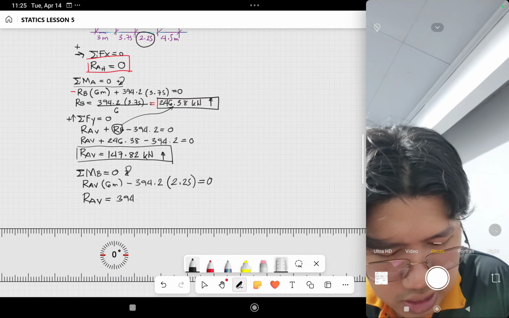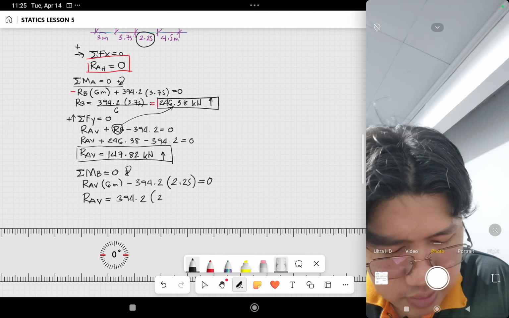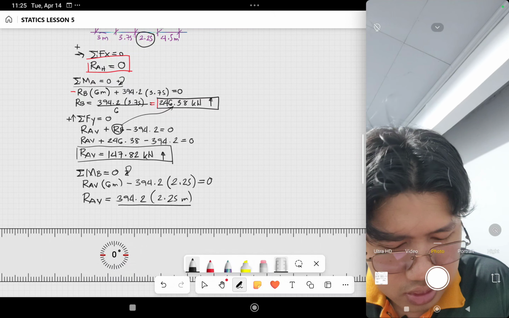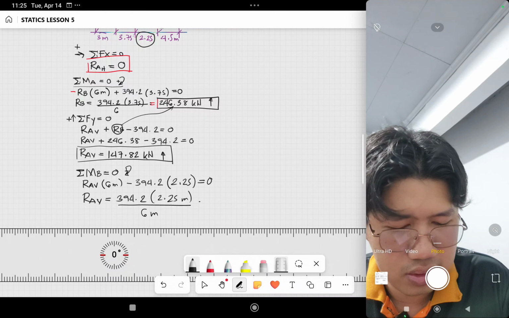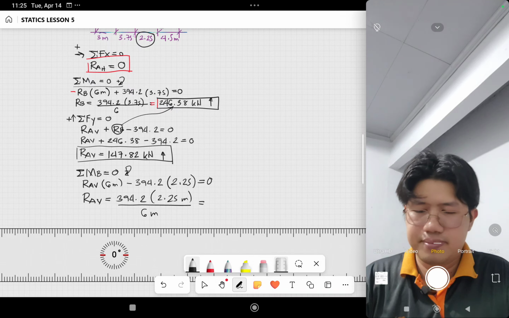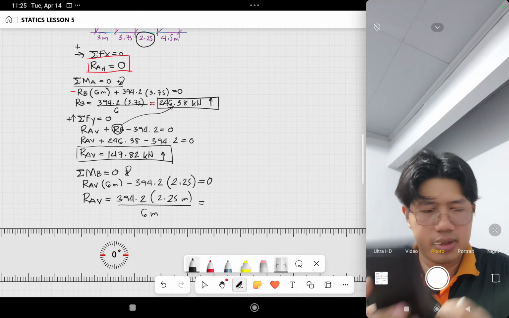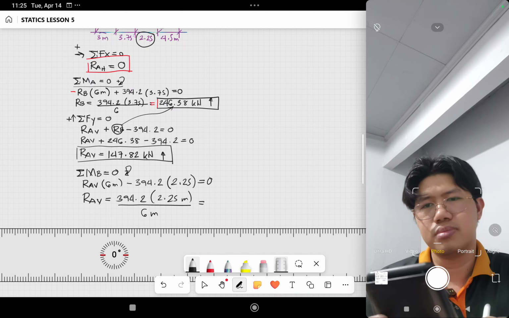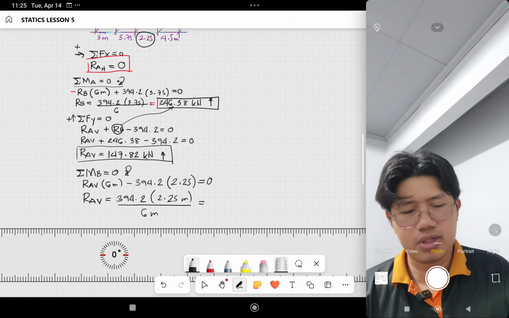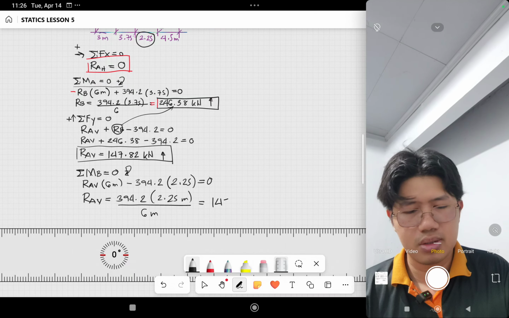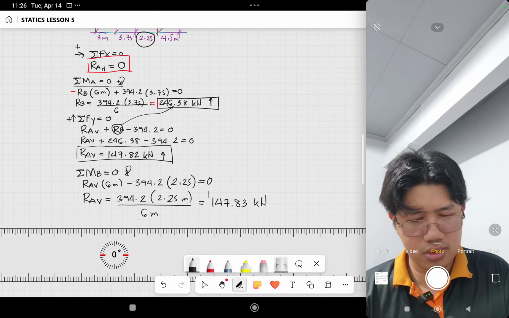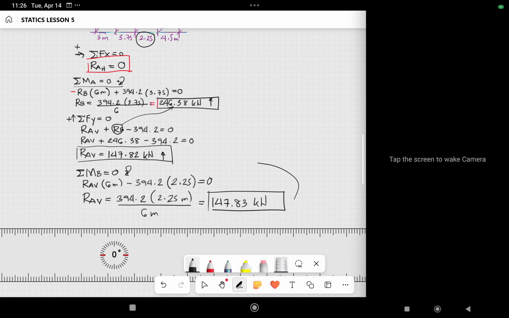So that is 394.2 times 2.25 meters over 6 meters. So let me calculate. That is 147.825. Okay, so this is basically the same.